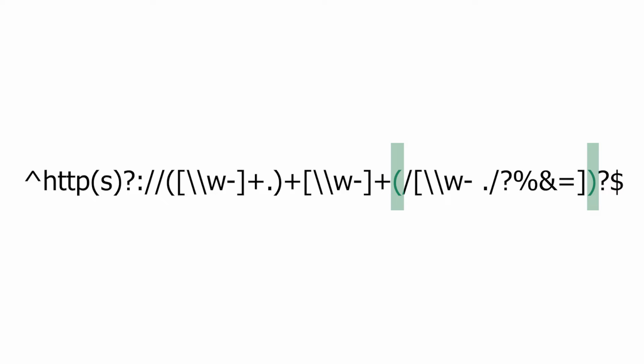This opens another capturing group, which is used to group and capture the path part of the URL. This matches the slash commonly used to separate the path from the domain.